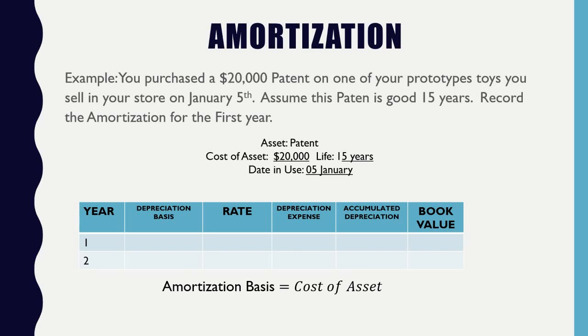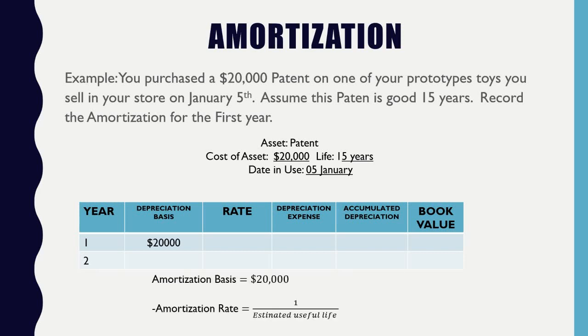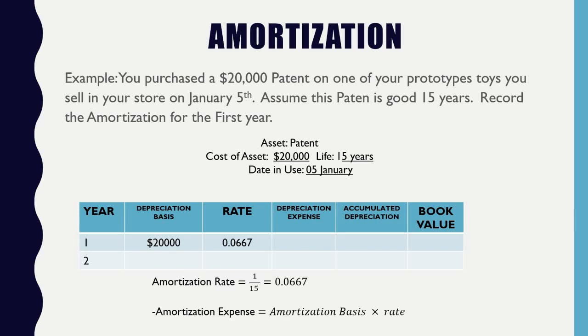Okay? So let's take a look at amortization basis. It's going to be the cost of the asset, so in this case, $20,000. The amortization rate is going to be 1 over the estimated useful life. So 1 over 15 is 0.06666667.